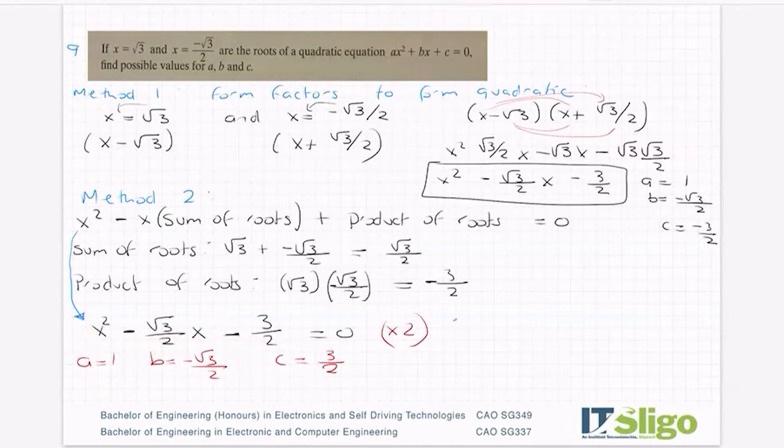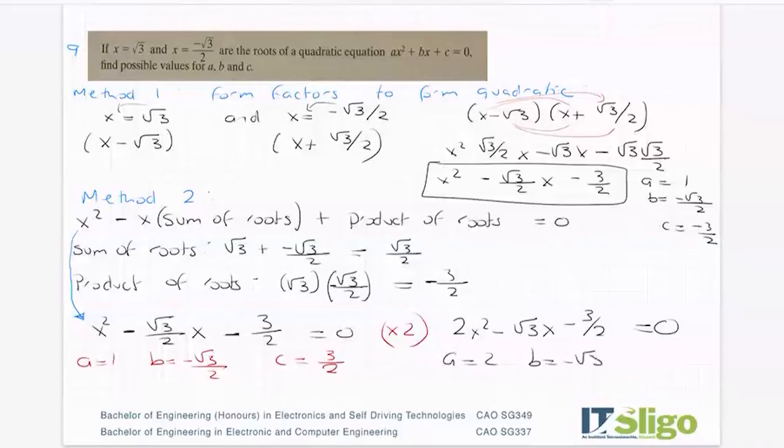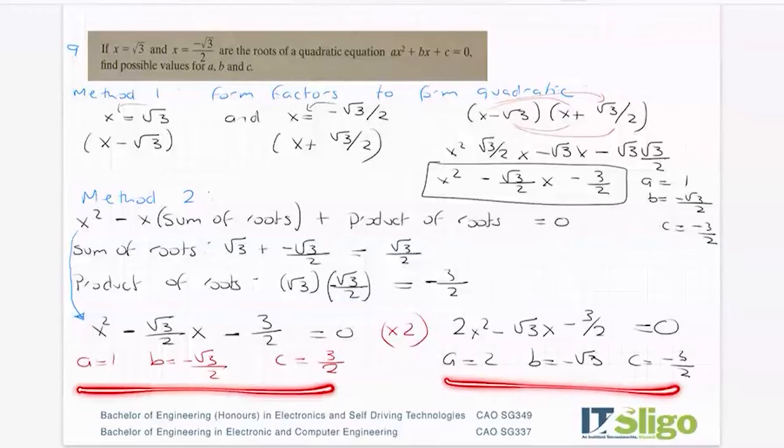So I will get 2x squared minus root 3x minus 3 over 2 is equal to 0. Okay, so a is equal to 2, b is equal to minus root 3, and c is equal to minus 3 over 2.